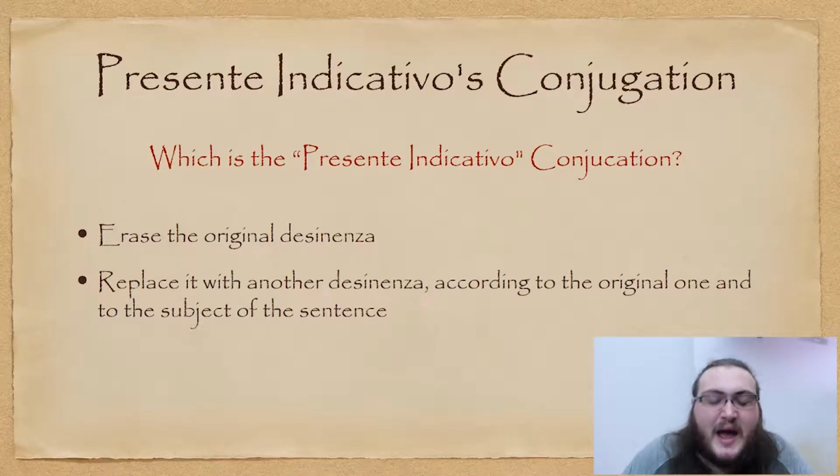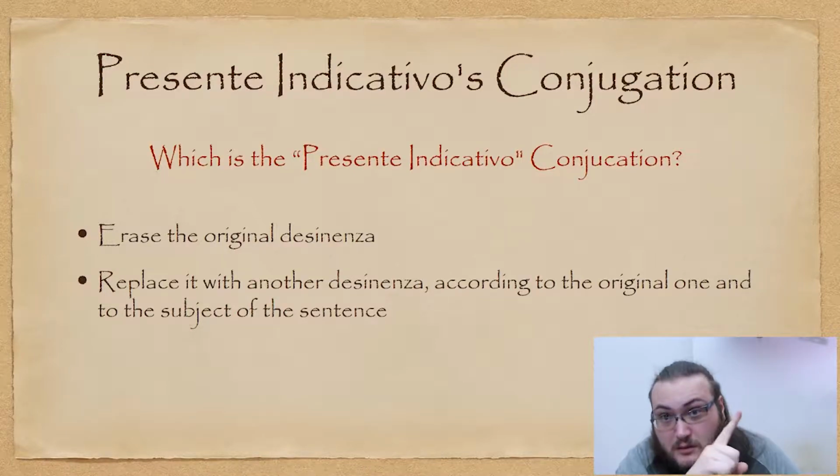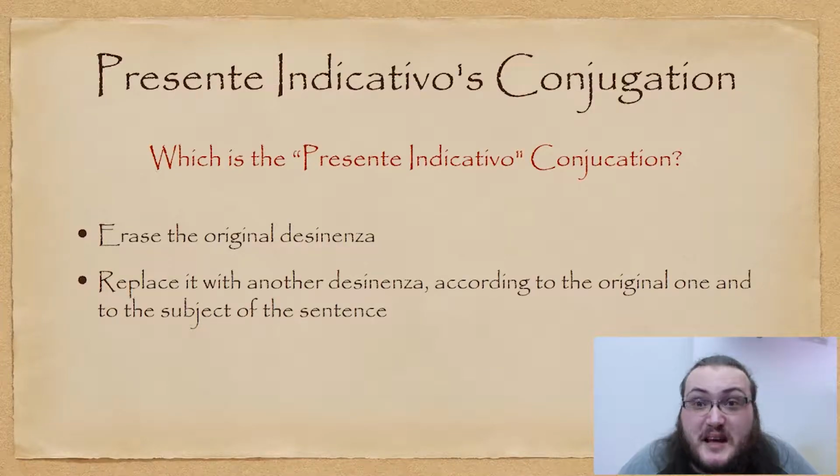In fact, we have to erase the original are, ere or ire desinenza and replace it, as you see here, with this new desinenza. The table is quite big, but it's not difficult at all to understand. Let's go through it together.